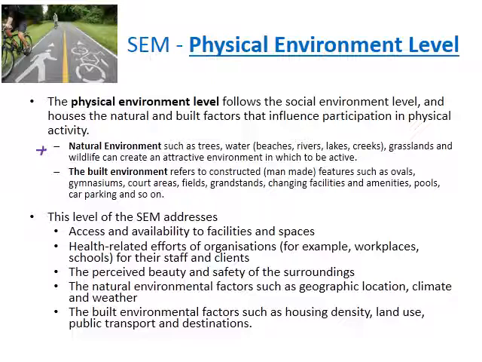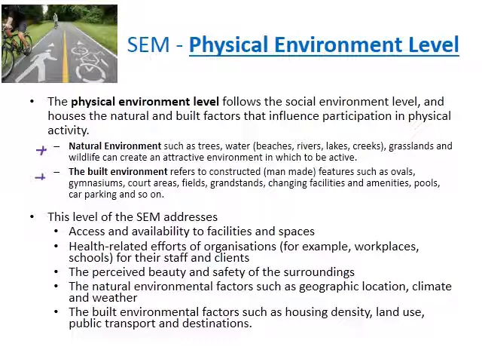But it's also looking at the built environment. So what sort of access do you have to man-made features that influence physical activity, to sporting ovals, to gyms, to courts, fields, amenities, pools, car parking. So between those two things, the natural environment and the built environment, that's going to have a large impact on how active somebody is.